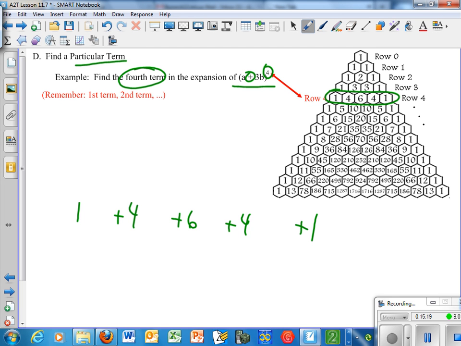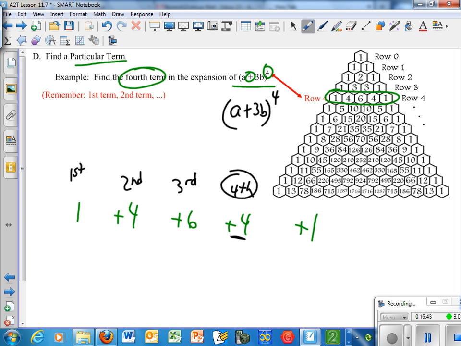Okay, fourth term. So if I count over, this would be first, second, third, fourth. So I'm looking right here where I have this plus 4. Now, the binomial we're expanding is a plus 3b to the fourth.